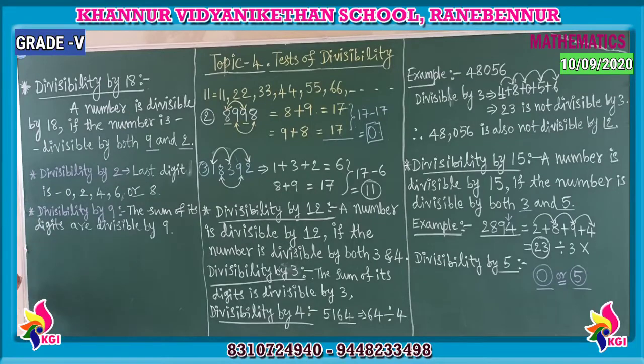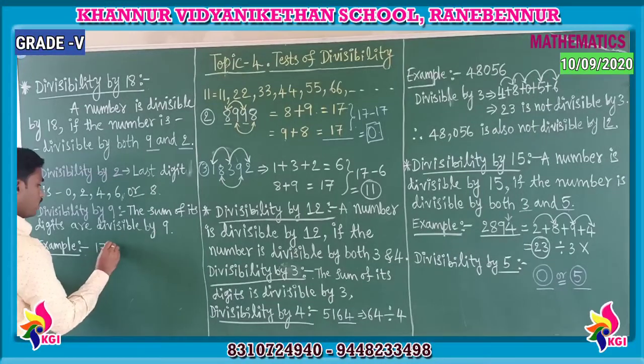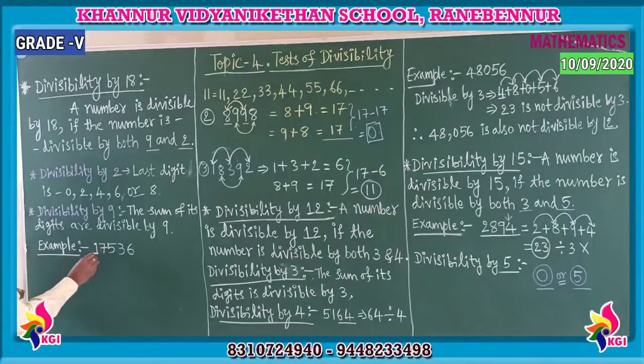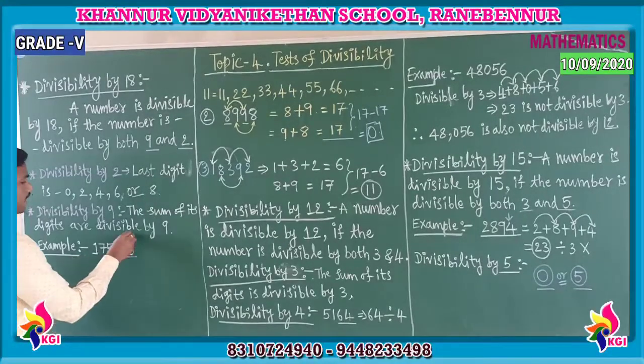Yes, I'll give an example now. Look at the example: 17,536. It is a 5-digit number. In this, the last digit, if I check, is 6.